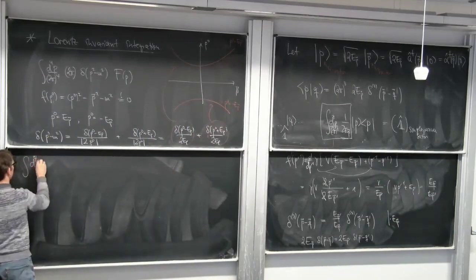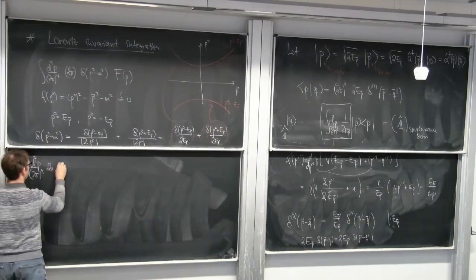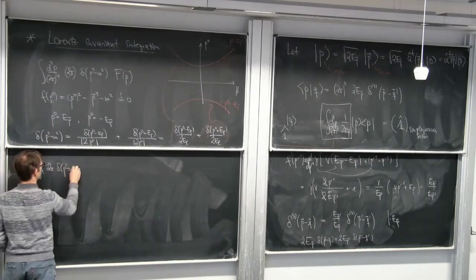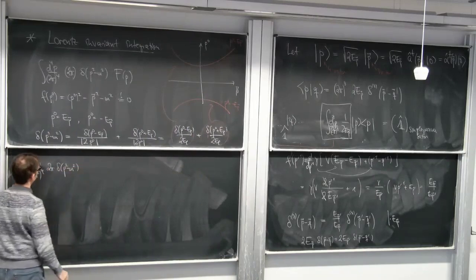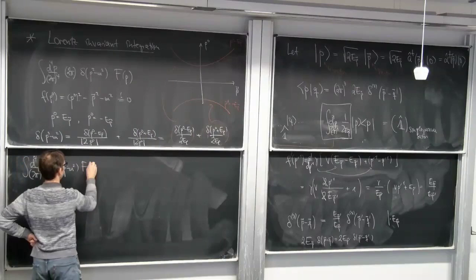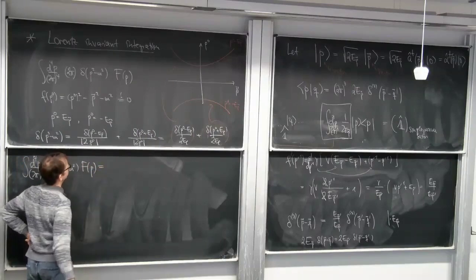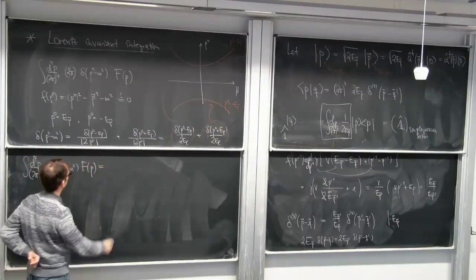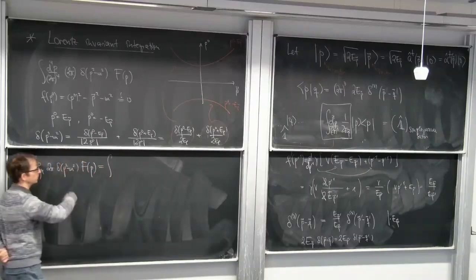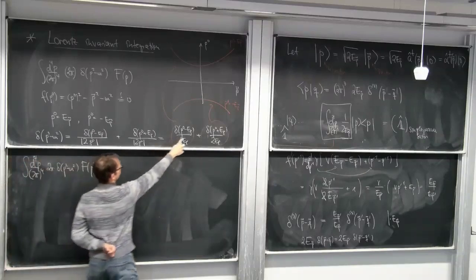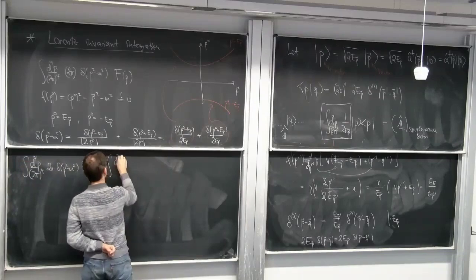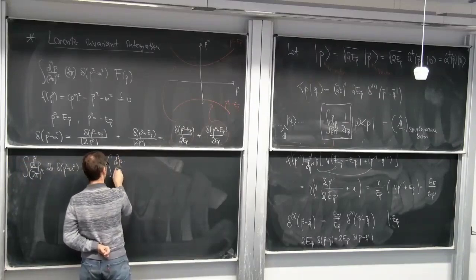Integral d4p over 2 pi to the 4, 2 pi delta of p squared minus m squared, some f of p, that is equal to: the zeroth integral I will perform using this, and then I have the 3 dimensions left.